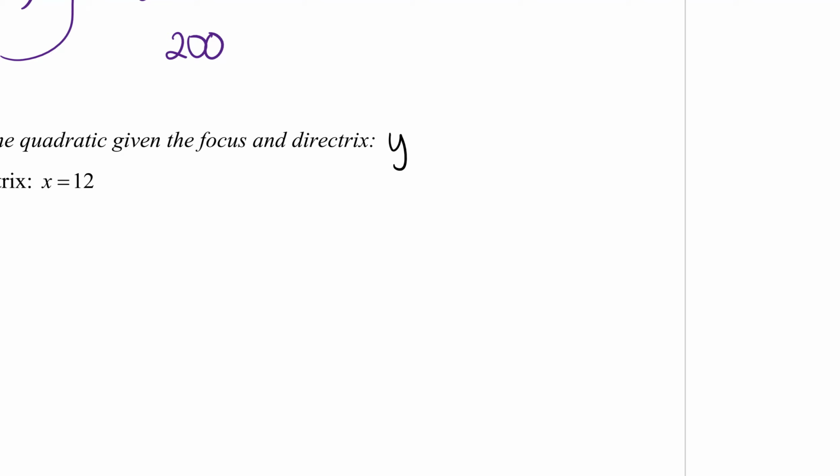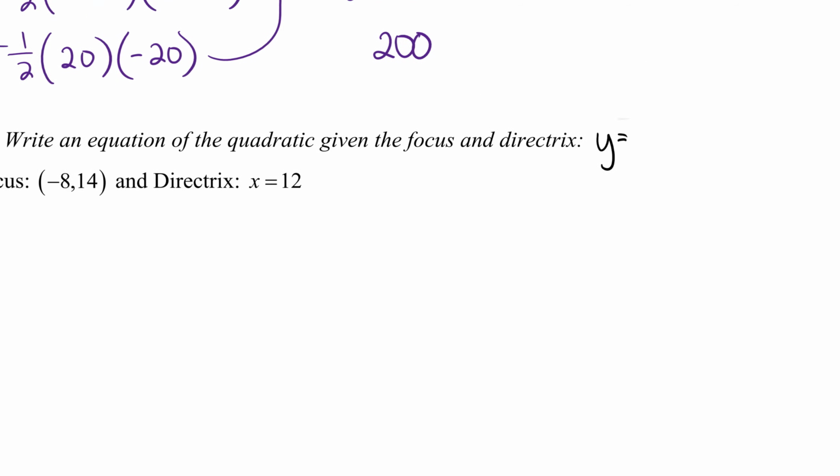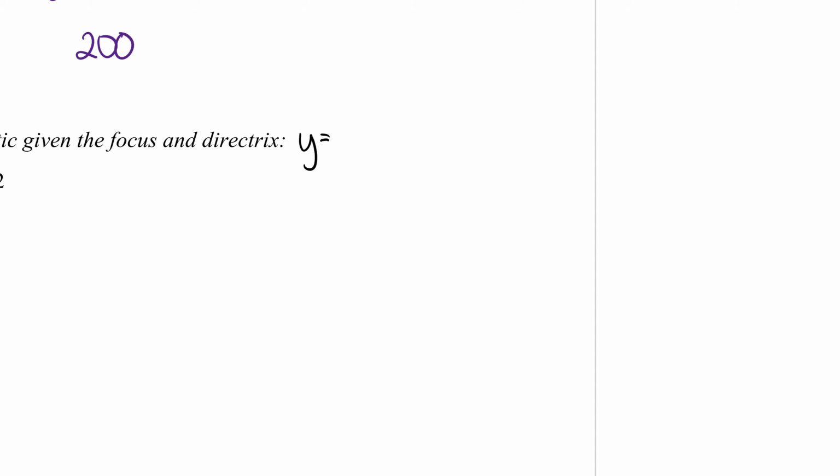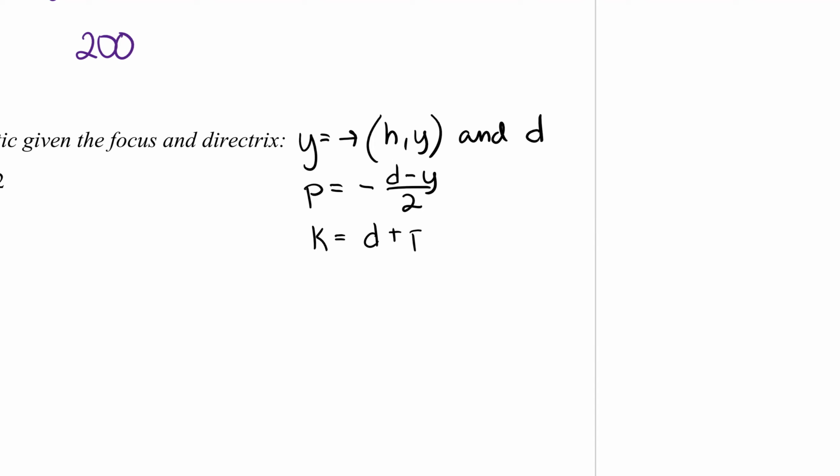So if I have a y equals, I would be given an h, a y, and d, and I would have to solve for p first, which would be negative d minus y over 2, and then I would have to find k, which would be d plus p.